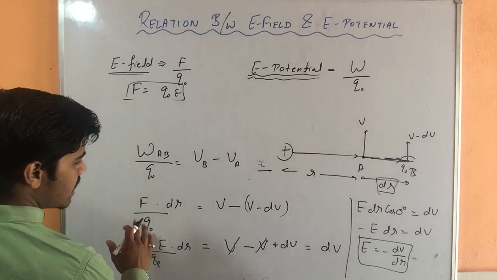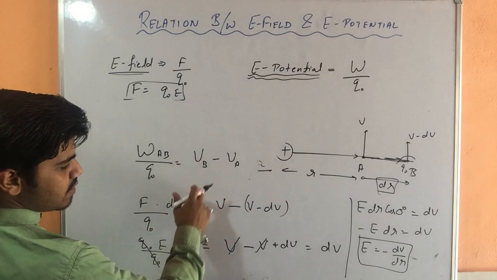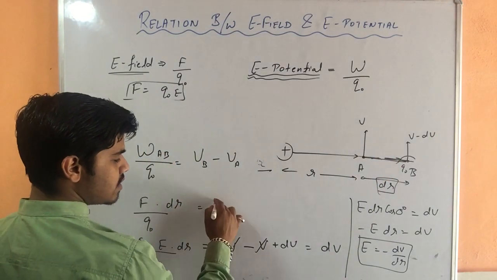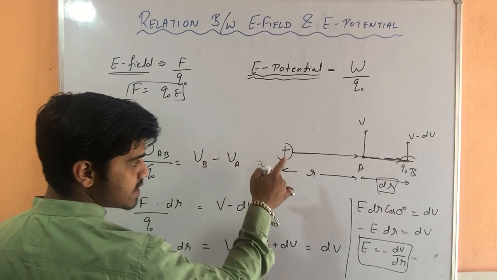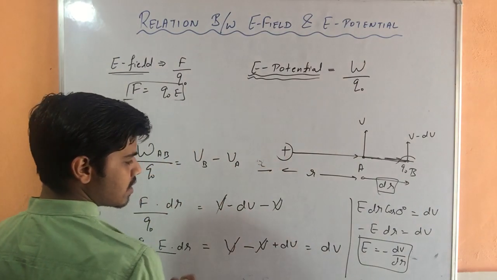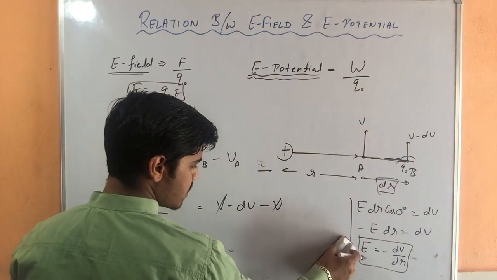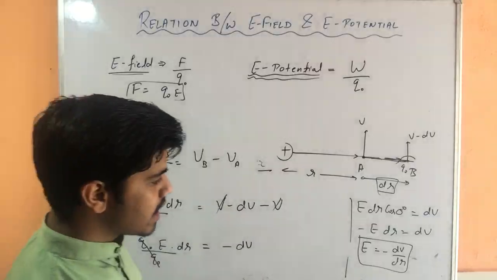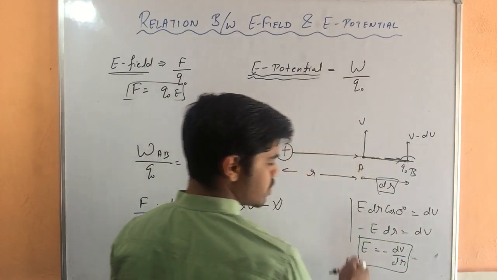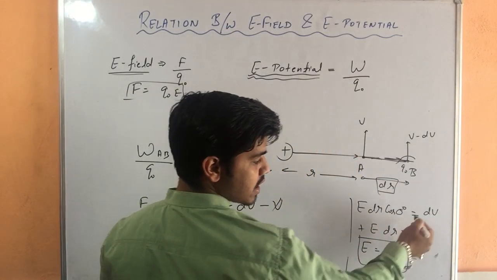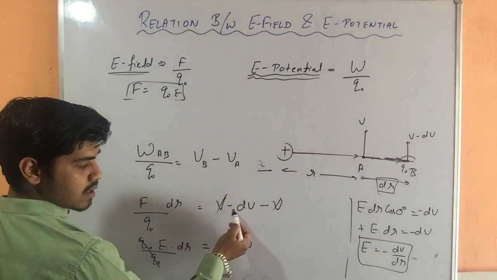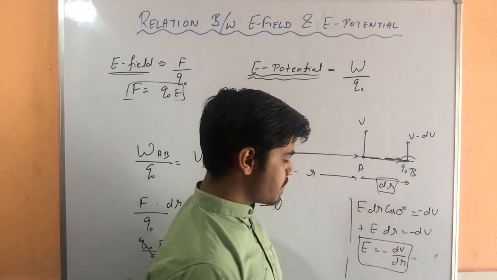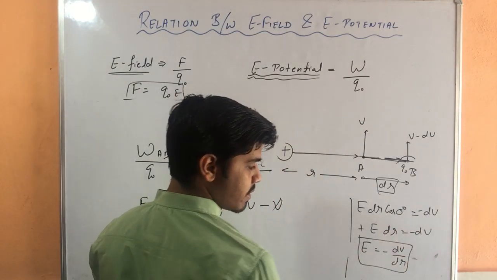So F dot dr as it is, and VB minus VA, where potential at B is V minus dV and potential at A is V. Now in the result, minus dV. E dr cos 0 degrees, which is plus 1, equals dV after cancellation, with a negative sign, and E is equal to minus dV by dr.